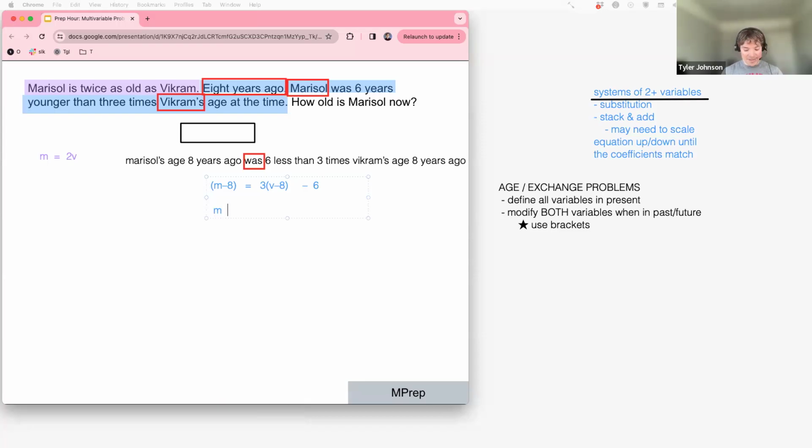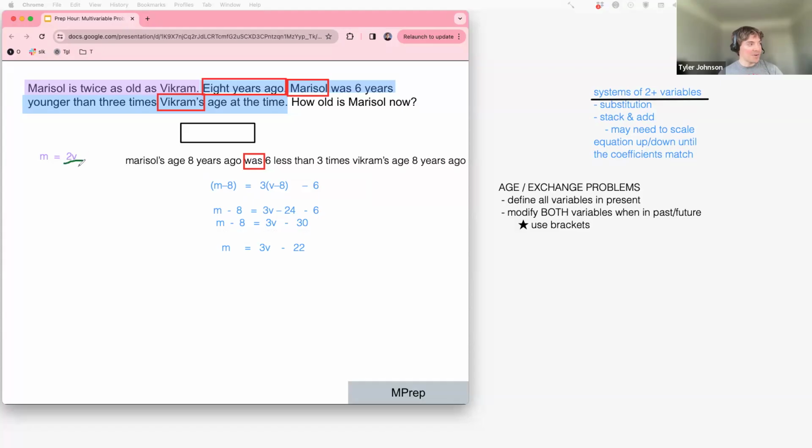Okay, once that is set up, go ahead and distribute that 3 across the parentheses. And I'm going to get something like this. You'll have 3v minus 30 on the right side. So m is equal to 3v minus 22. And now I can substitute.